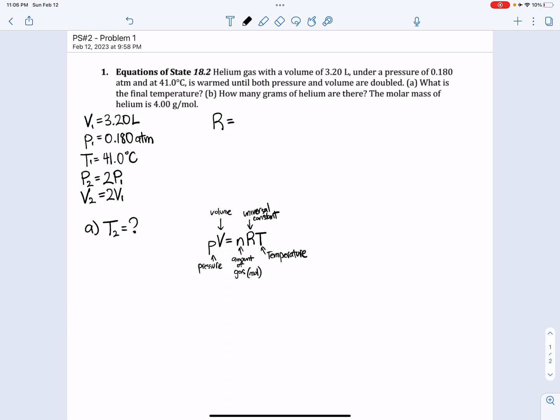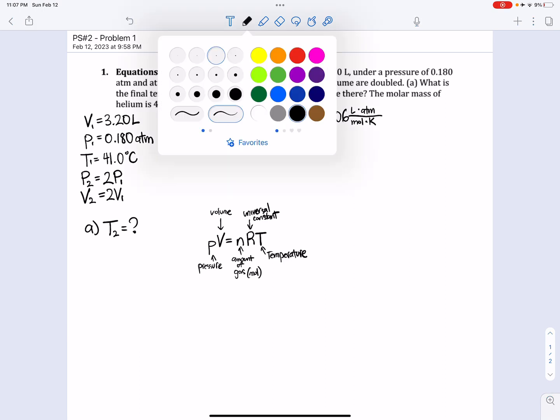Anyways, so the value of R is 8.31 joules per mole times Kelvin. So that's one way to write it. Another way to write it, which is also equal to that, but in different units, is 0.08206 liters times atm over mole times Kelvin.